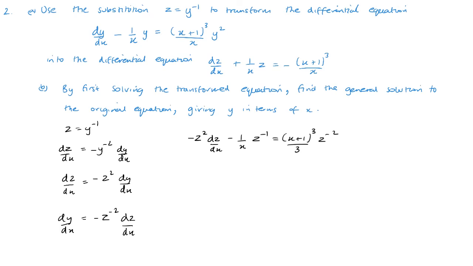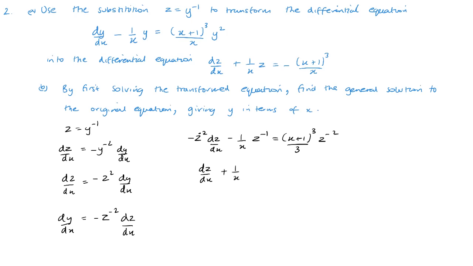Now, this is a minus 2 there. Now let's multiply through by minus z squared. So minus z squared times by minus z to the minus 2 will just be 1. So that's going to be dz by dx minus, and the minus will make this a plus.